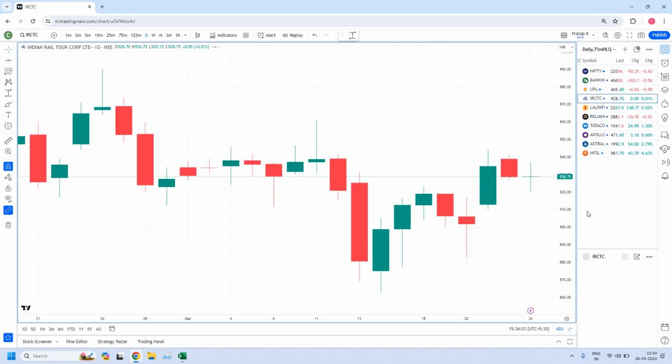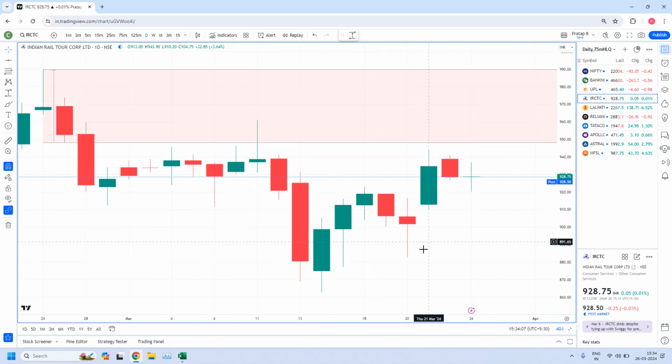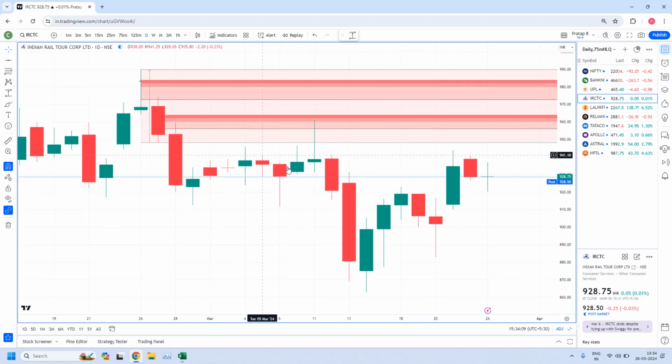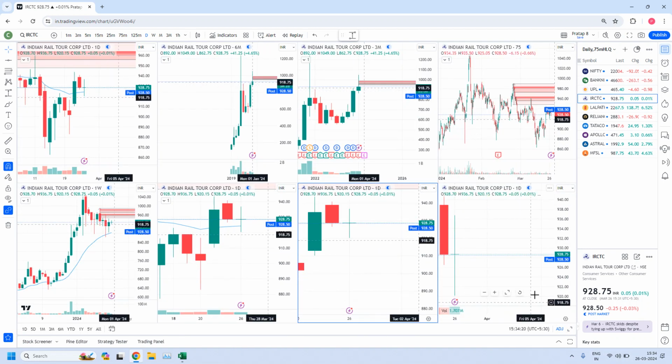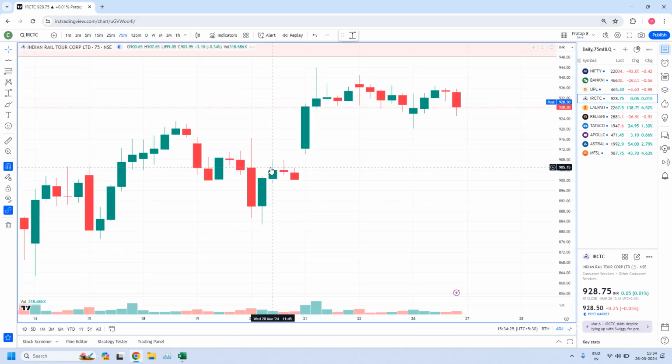And IRCTC, we have a rally, base, drop, and this again we fine tune to 75 minutes time frame.